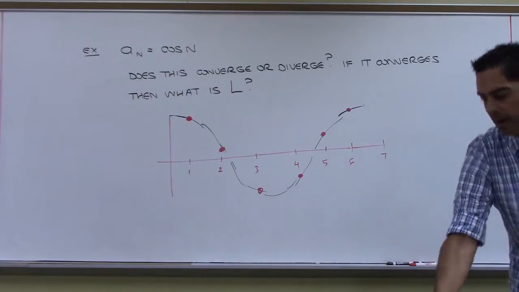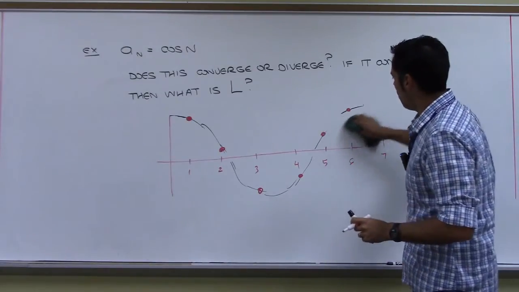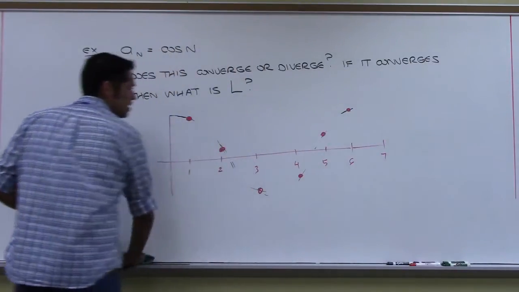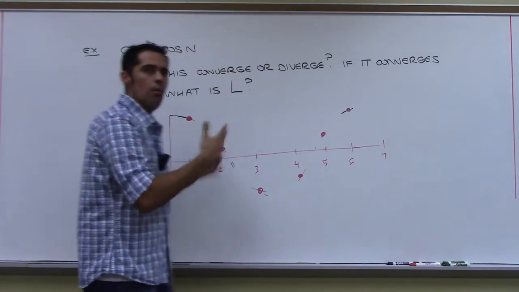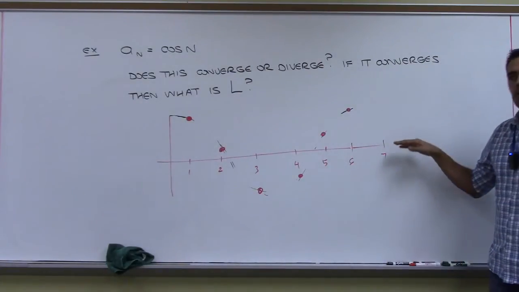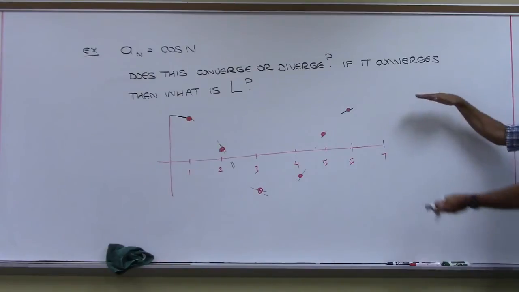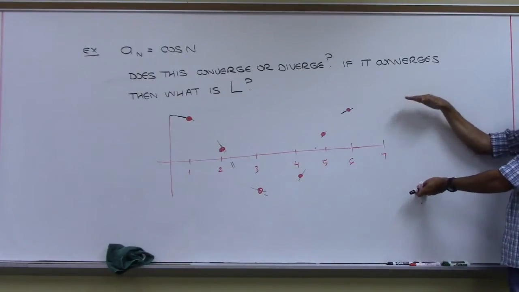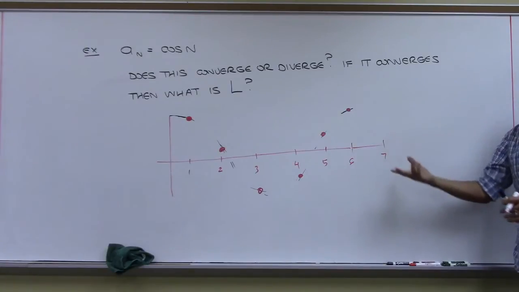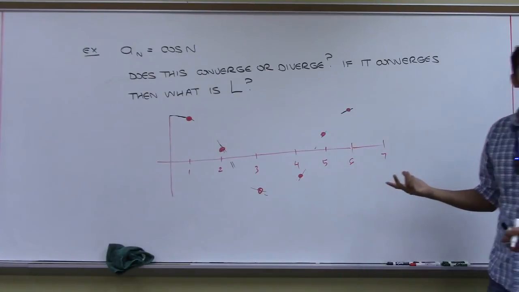And so if we take out the nice continuous part of this, our sequence is the red dots there. Is that going to one place? No. It's not headed anywhere in particular. It's always stuck between -1 and 1, but it's not going to a specific number. And that's what we need to have for it to converge.